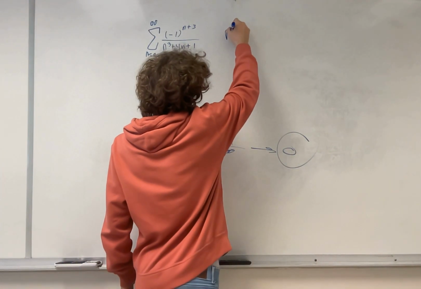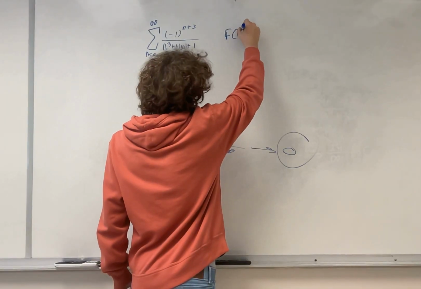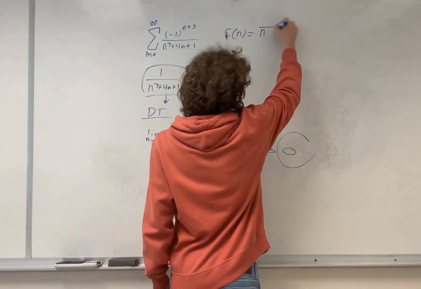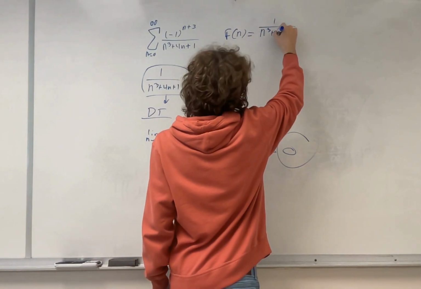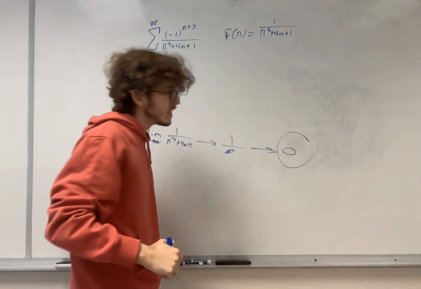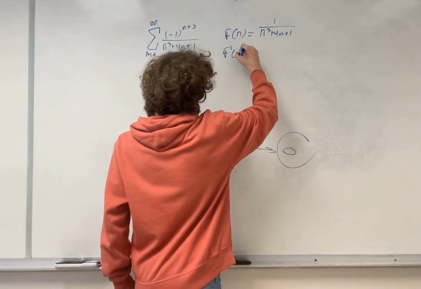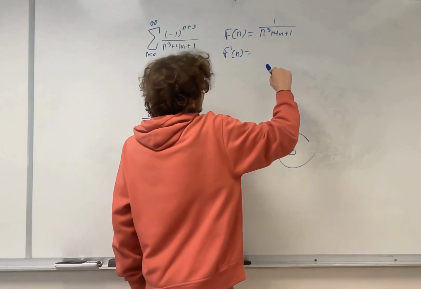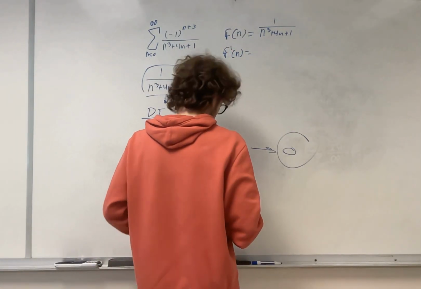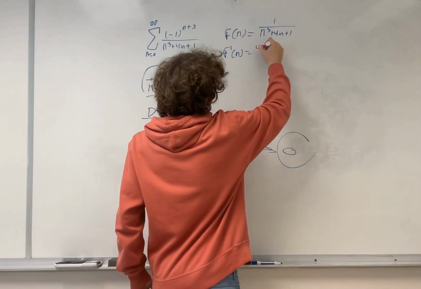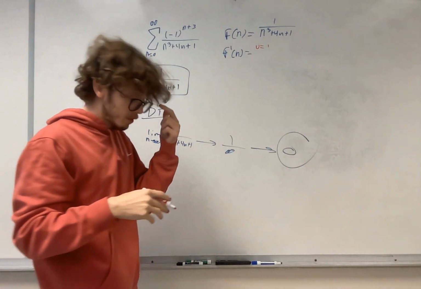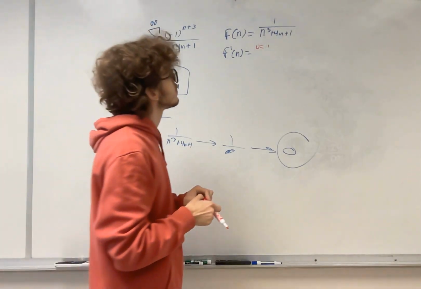Basically express as a function 1 over n to the third plus 4n plus 1. Now take the derivative of it, f prime of n equals. This is just a simple quotient rule. I'll explain how I'm doing it.